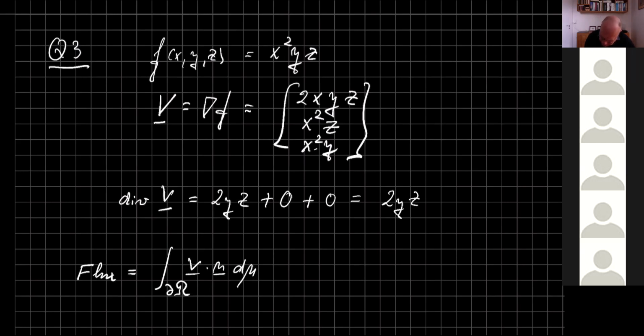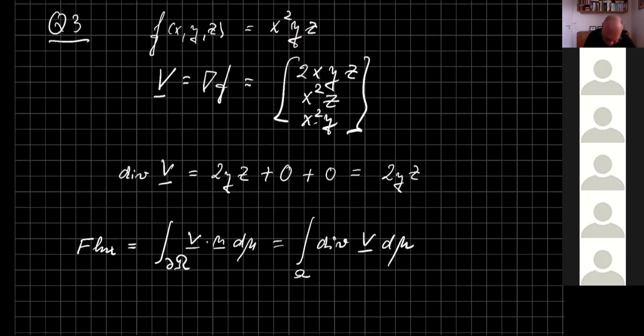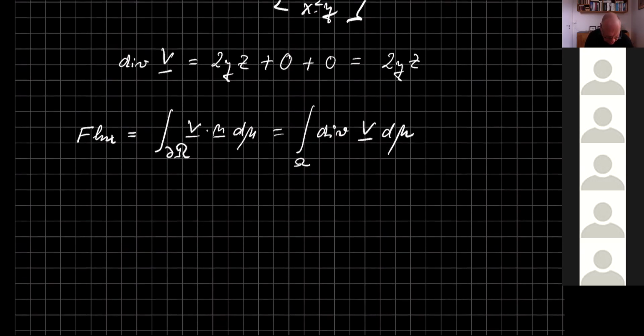But due to Gauss theorem, it is also equal to the volume integral of the divergence of the vector field. And now we can simply write this down, because we know that we need to integrate from 0 to 1 in all directions.